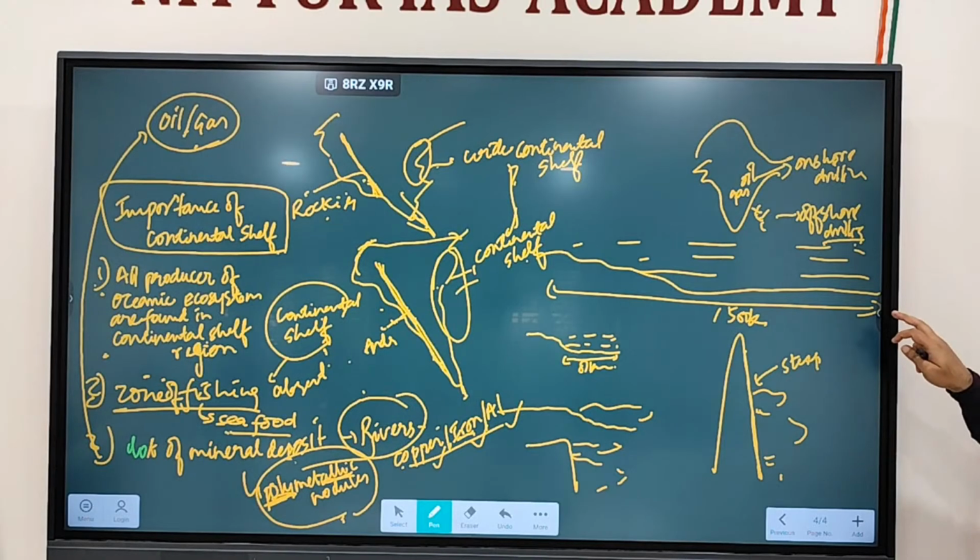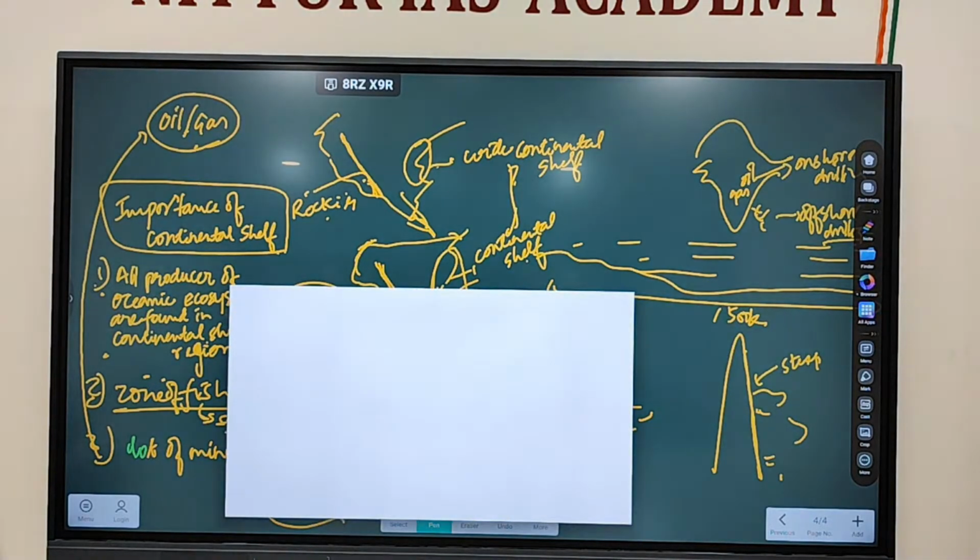For example, if you are going through the news, one thing that you are constantly going to get is KG basin, drilling in KG basin. So can you name what is KG basin?